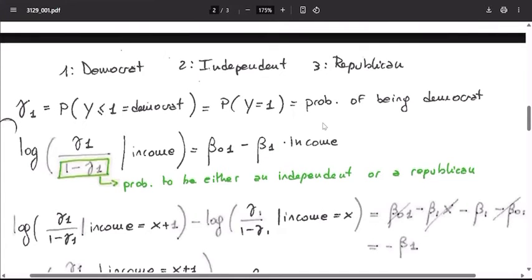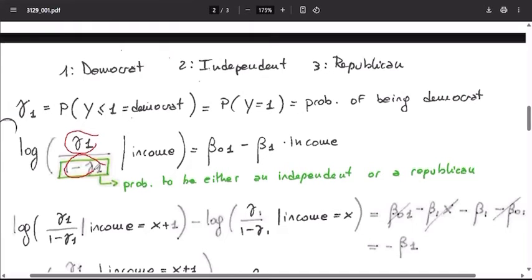Now, if the first one is being Democrat, then I want to find the log of gamma 1 divided by 1 minus gamma 1. I need you to pay attention. If gamma 1 represents the probability of being Democrat, then the denominator could be any other party.